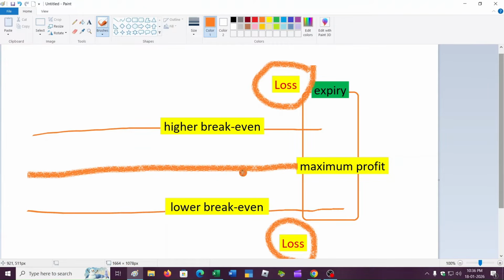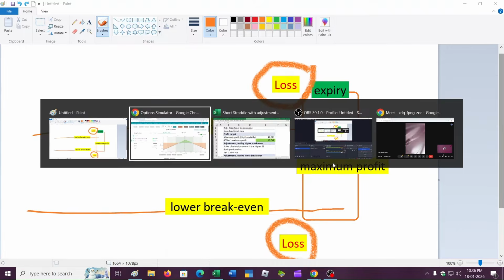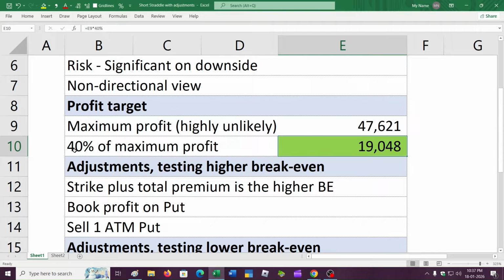That need not take place. So we should not wait for that. We should ideally be booking the profit when it is giving us some 40% or even maximum 50%. That's what we can do. 40% is quite reasonable. Most of the time we can get it. Let's see how it goes this month.